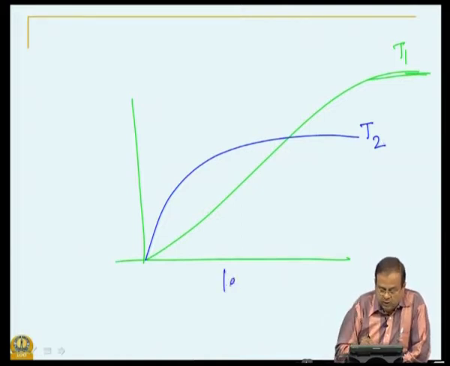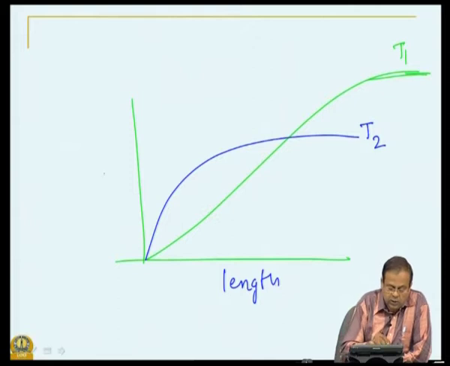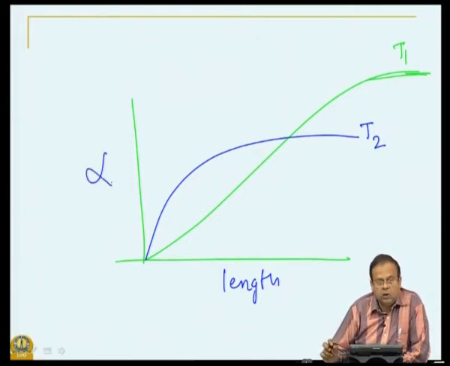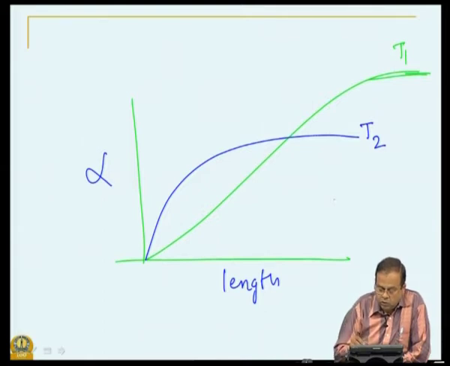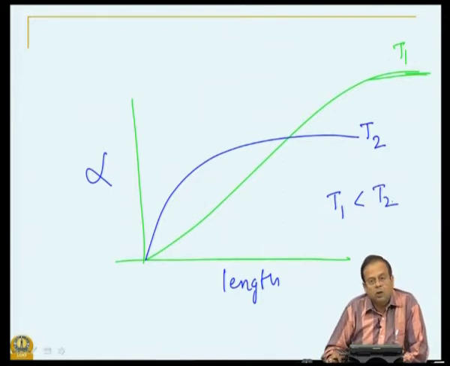So, this is my length of reactor, this is my extent of reaction alpha. What is T1 and T2? T1 is less than T2, that is what you expect in an exothermic reaction, a reversible exothermic reaction.